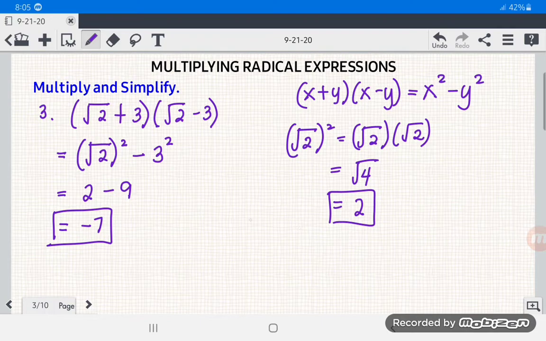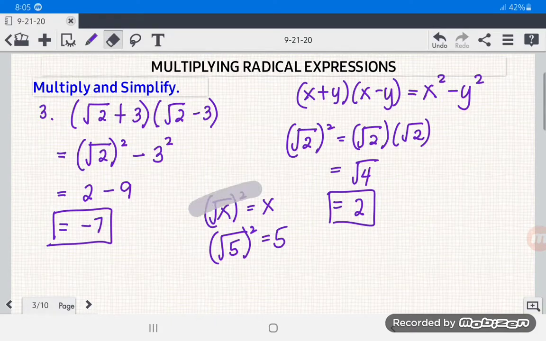Let's say square root of x, squared. The answer here is x. Then square root of 5, squared. The answer is 5. So that's the answer.